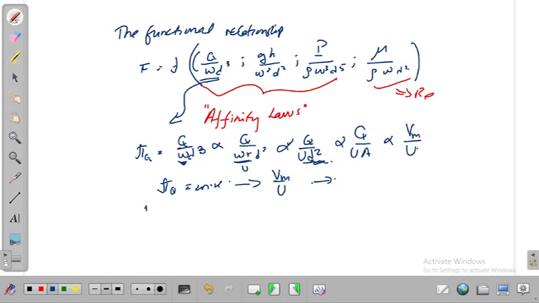Similarly, we can also consider the head coefficient pi H, and we know that pi H is gH over omega squared D squared.